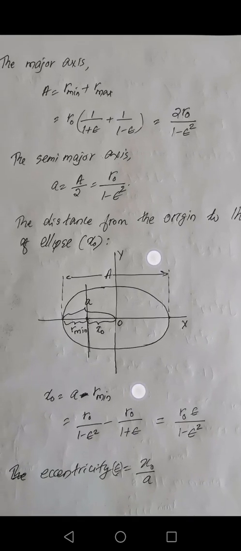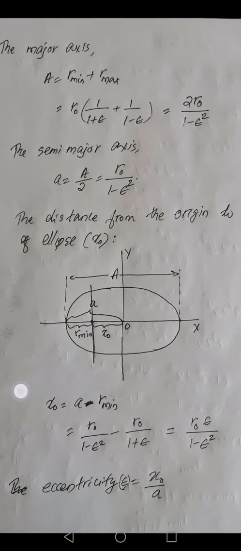Now the distance from the origin to the center of the ellipse. An ellipse consists of two focuses. One of the focuses is here, another is here. So the distance between the origin O and the center is called x0. Actually, x0 is a minus r minimum.